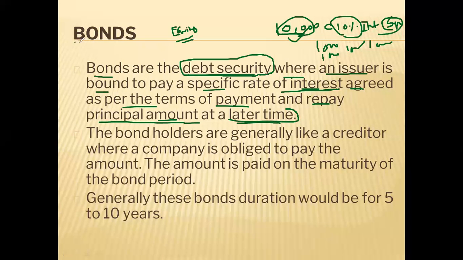But if you are investing in bonds or debentures of a company, you will get the amount you invested back after the number of years is over. Suppose you have invested for 5 years, you will get the amount back after 5 years, and besides that you will get regular interest also for 5 years. So this is the feature of bonds and debentures.